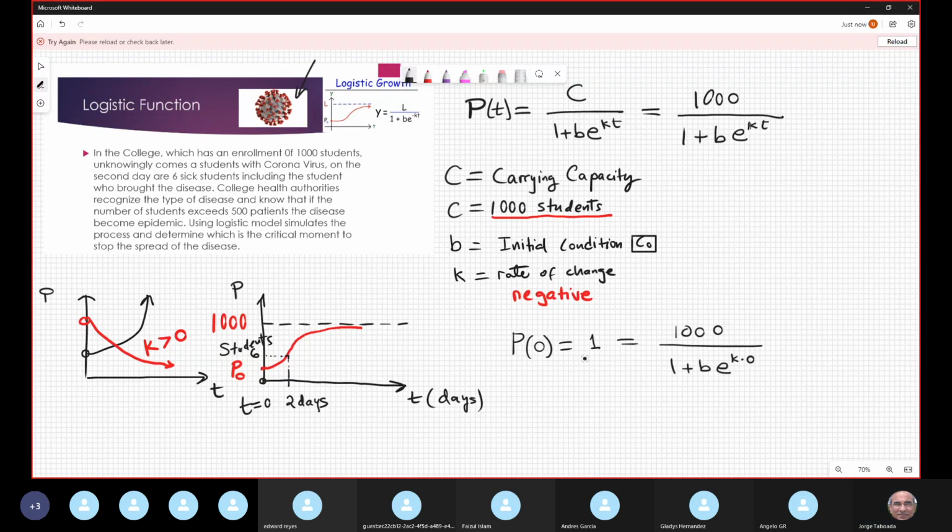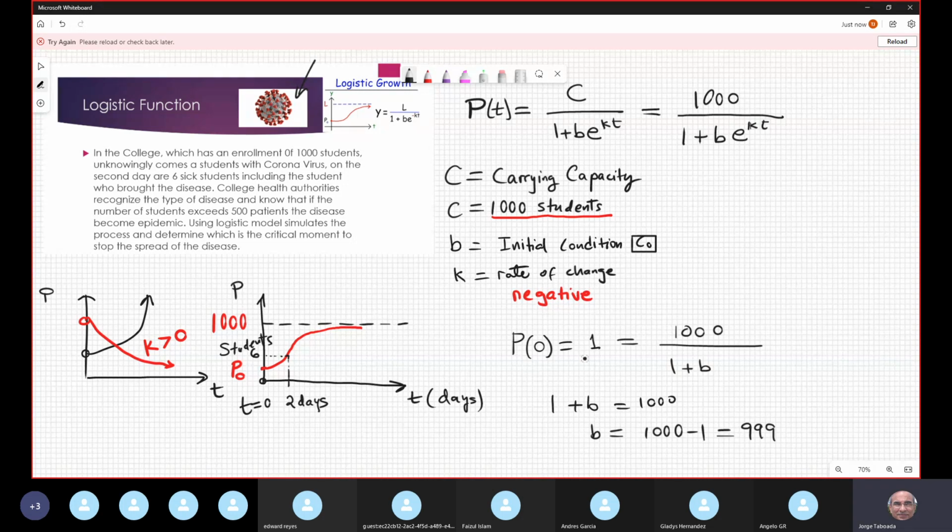Exponential K times 0 is 0, and e to the 0 is 1, so I can delete that part. And you find B. It's easy. You cross multiply: 1 plus B multiplied by 1 is 1 plus B equals 1,000. Therefore, B alone is 1,000 minus 1, which is 999.